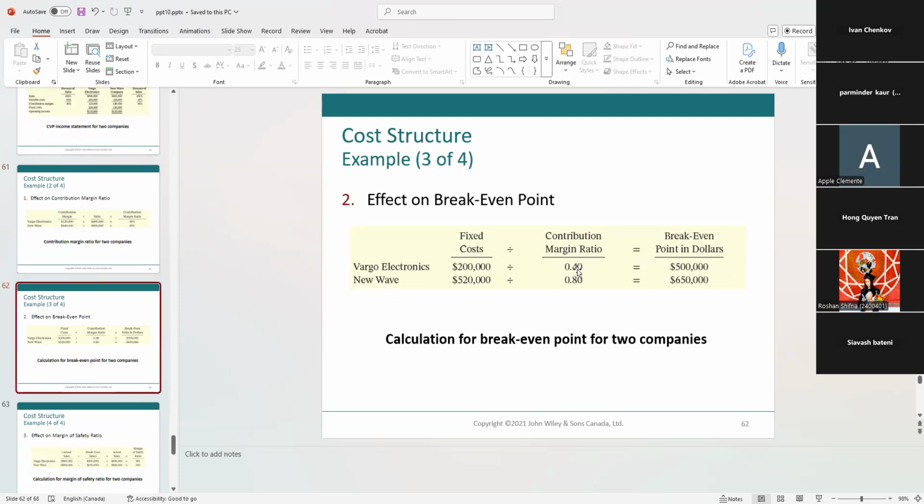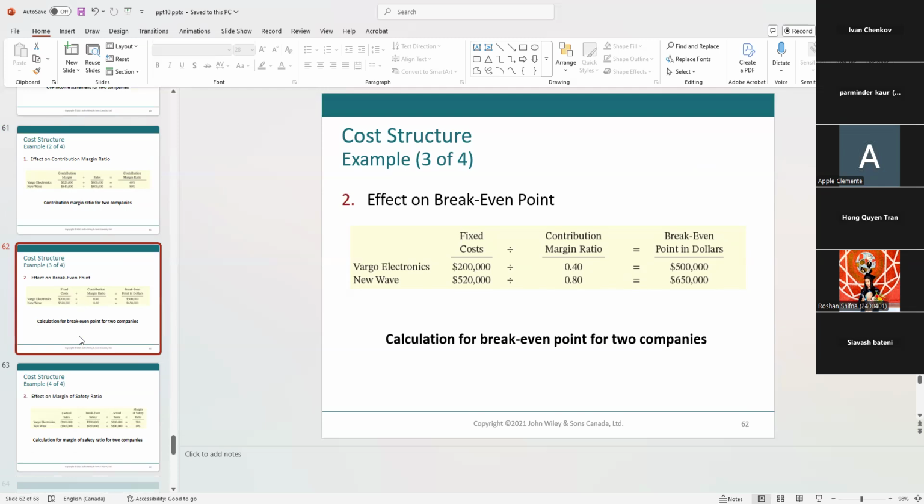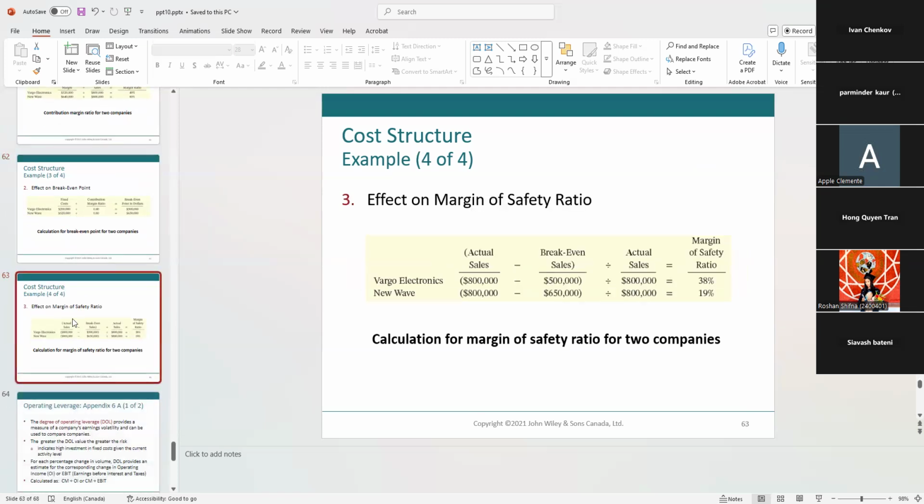Obviously, the contribution margin ratio and the fixed costs are different. You can see the break-even point they're reaching at a different point of sales.